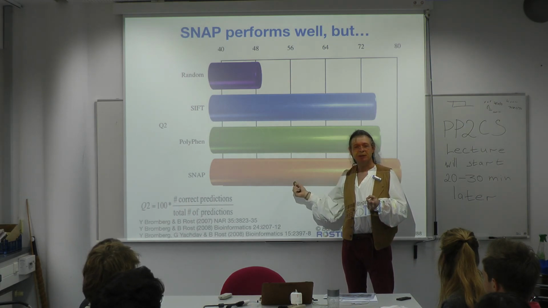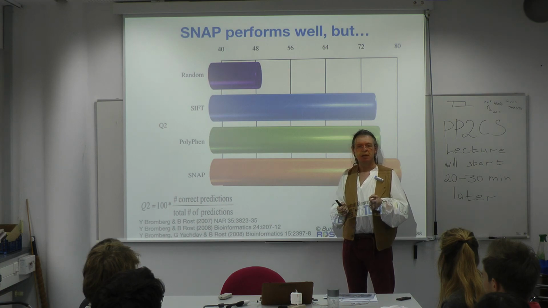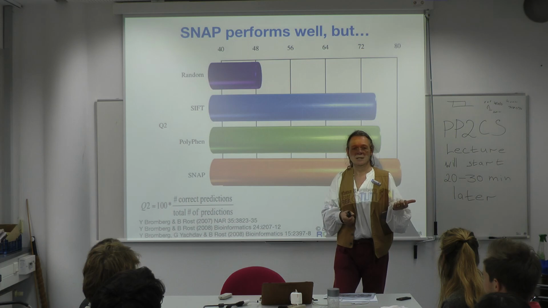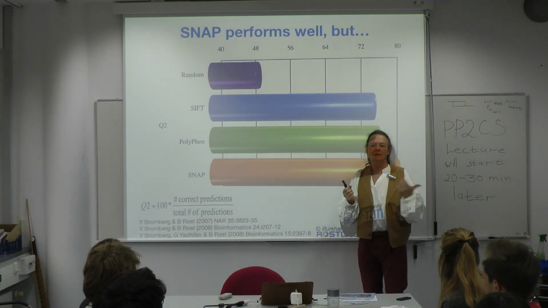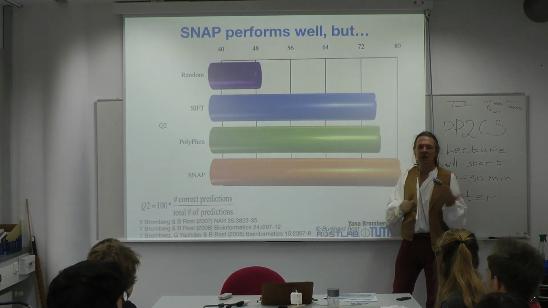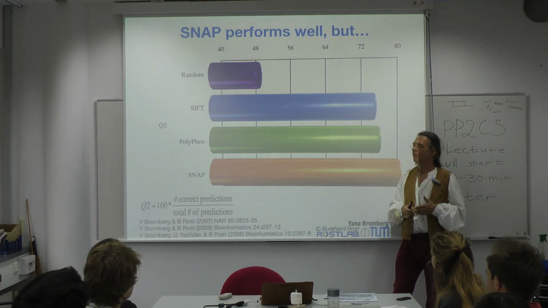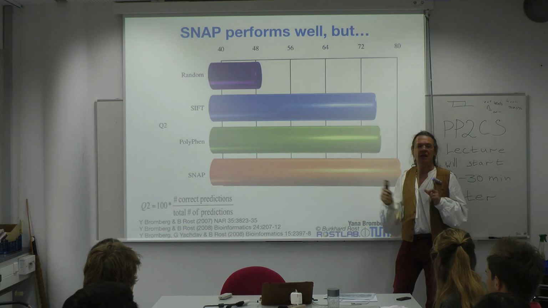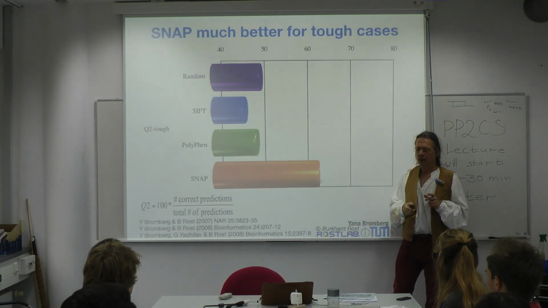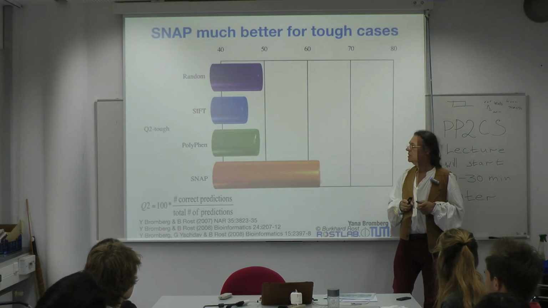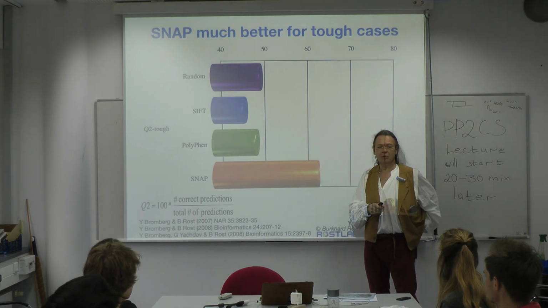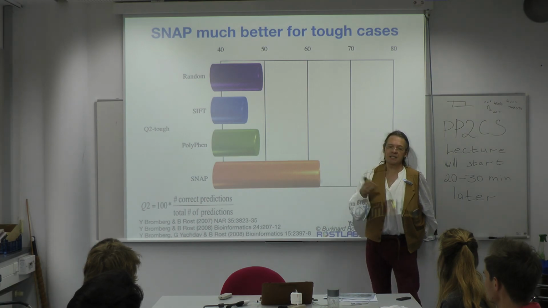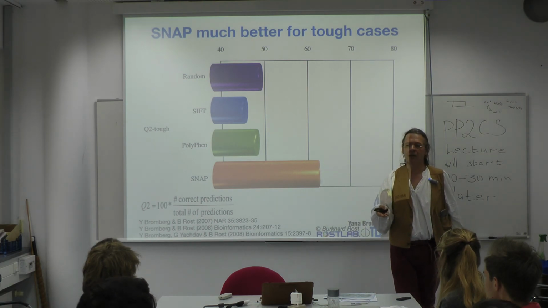Before you started your PhD, or Jana started her PhD, people would have had to flip a coin. If the best two methods that existed disagree, which one is true? If they disagree, you know, either you take one of the two, or you flip a coin, right? So let's just look at those cases. And for those cases, you see that now actually those two tools that were available before, in fact, do less well than random.